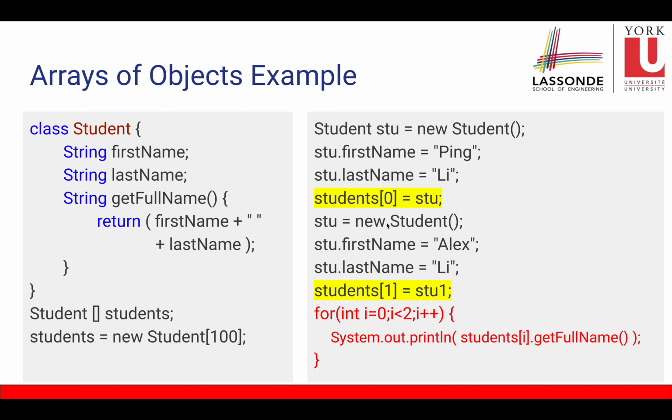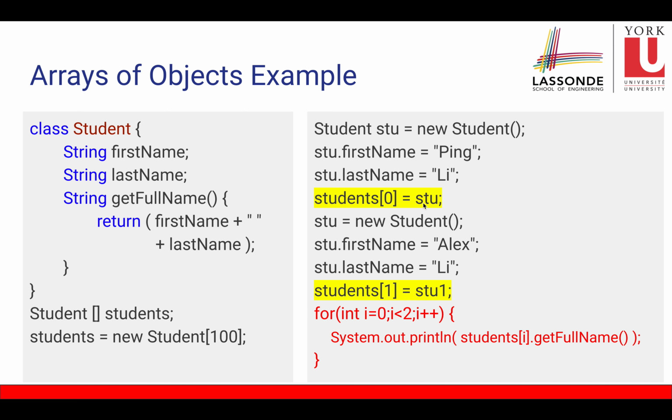So this student is totally different from the first student, or stu, because we reallocated it. We use different memory. Then we assign values to this instance. Then we put the instance into the second element of the student array.